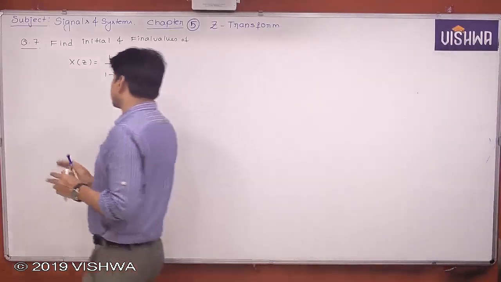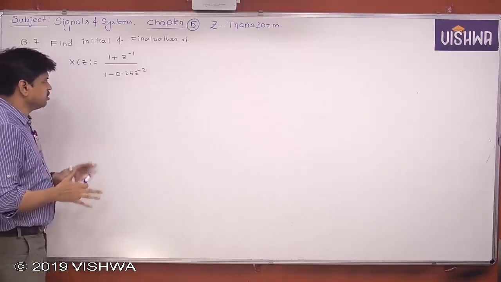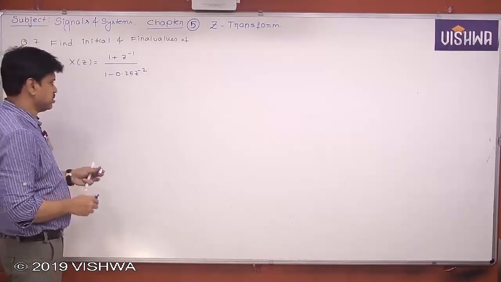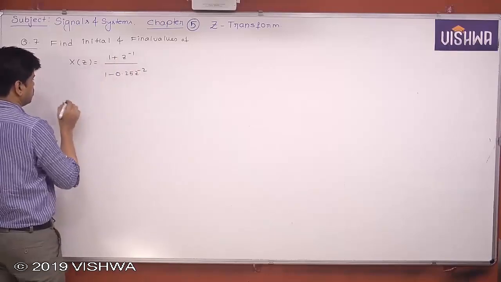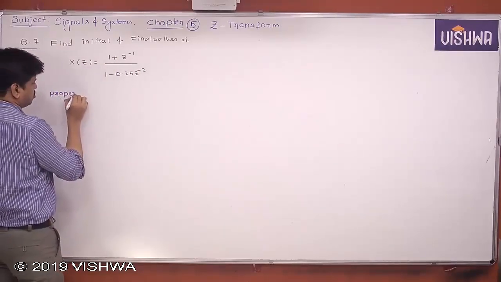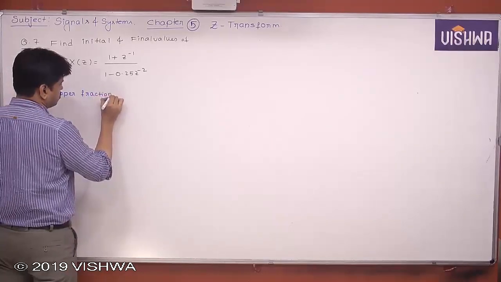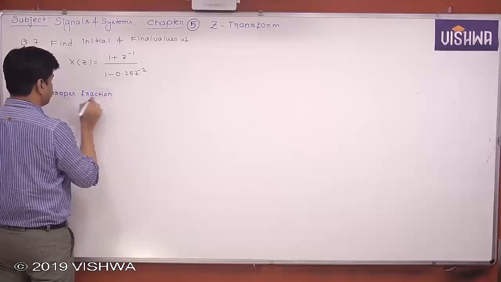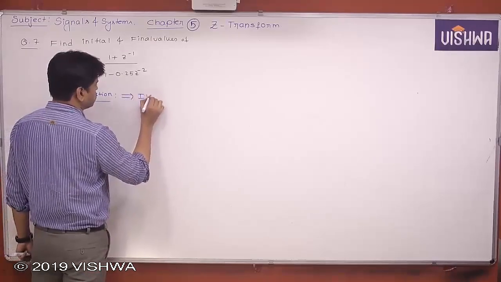First, causal we don't know, because that information is not there. So the only thing we can check is whether it is a proper fraction or not. Yes, it is a proper fraction because we have more poles than zeros. Proper fraction, so we can apply the initial value theorem.